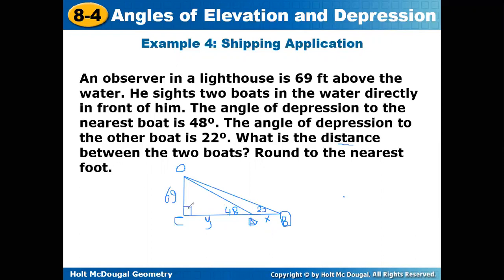It's a right triangle. We have the angle 22 here, and also we have the opposite side, which is 69. So you can find all this side. We can name it Z or BC as it is.